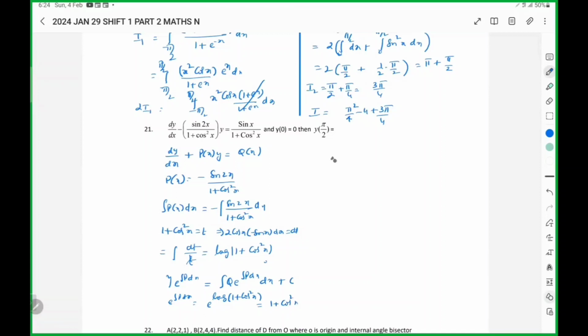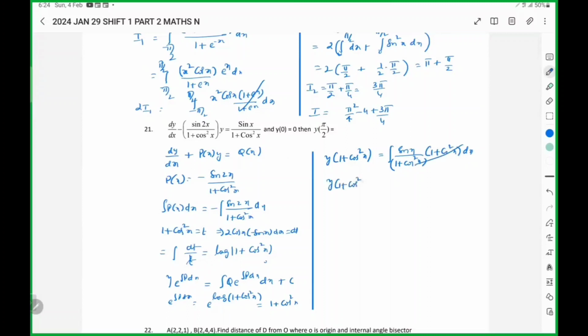So now the solution will be y into 1 plus cos square x. Q here is sin x by 1 plus cos square x into 1 plus cos square x dx.